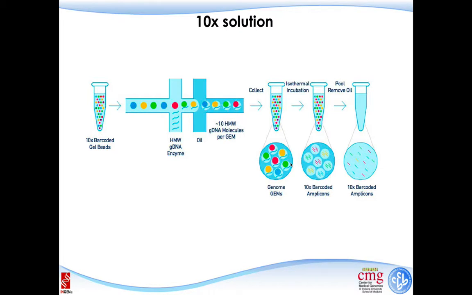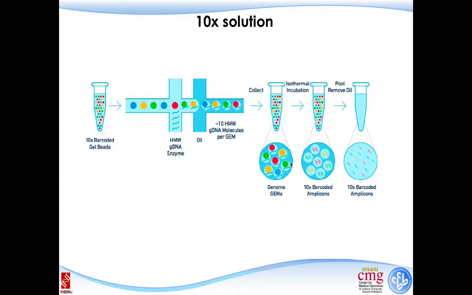All these are water-based, and this is oil. So you can see that those DNA molecules and beads are trapped within a droplet, and every single one becomes a separate reaction unit because they are not mixing together.